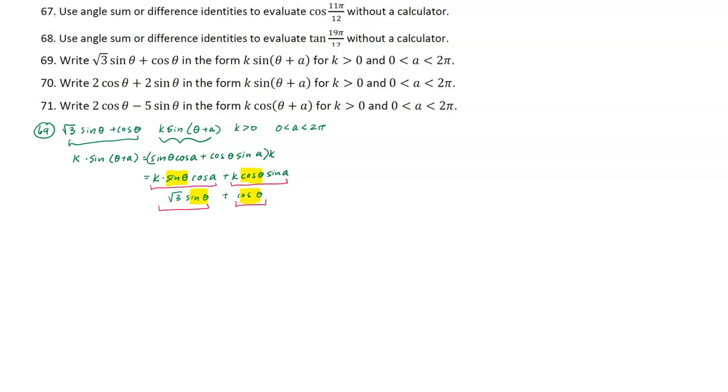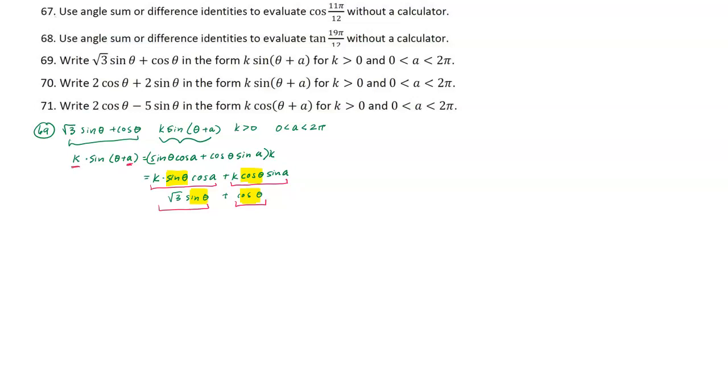But something got simplified along the way, okay? And so first, we need to find what A is, okay? And we need to find what K is to fill this in. We need to find K, and we need to find A.